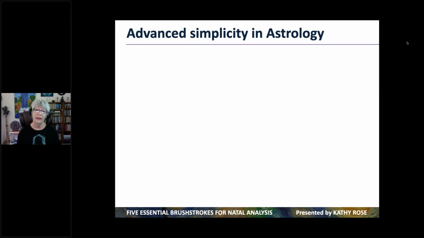But what ends up happening, and I teach a lot of students, I do a lot one-on-one and I do a lot through coursework, and I get students who are overwhelmed by measurements, overwhelmed and can't synthesize and can't see the whole picture because they keep piling on more and more and more. And that seems to be an epidemic right now in astrology.